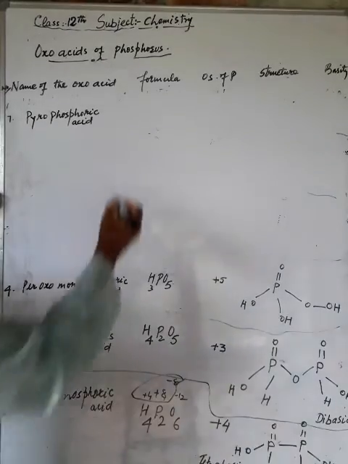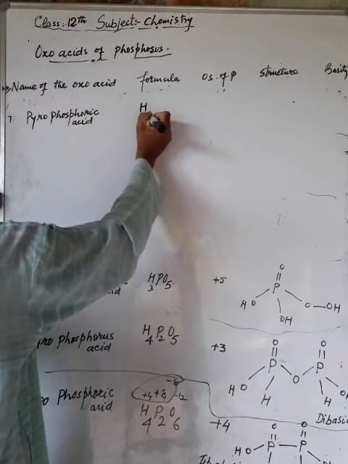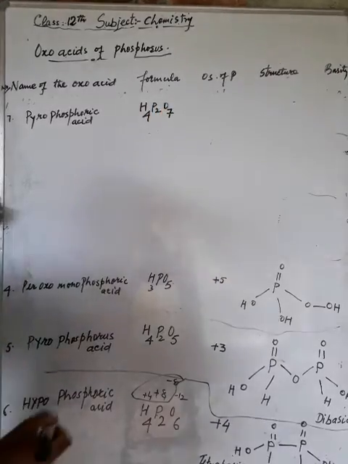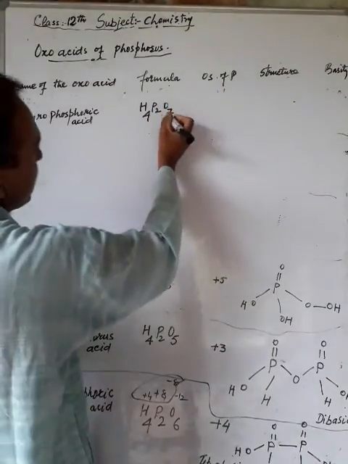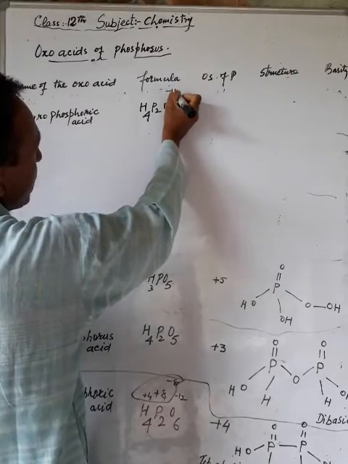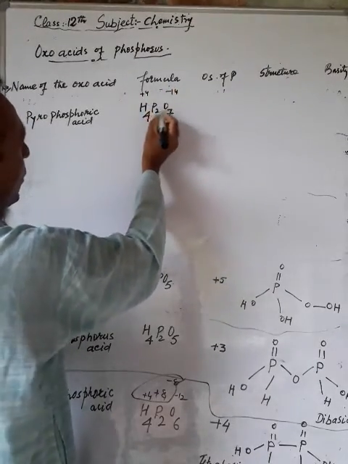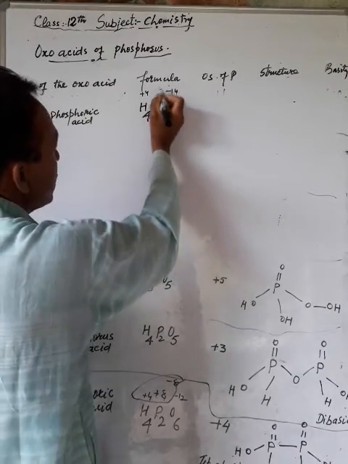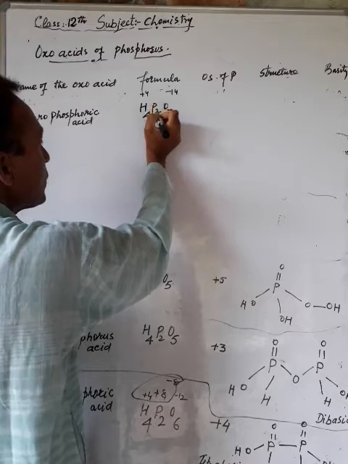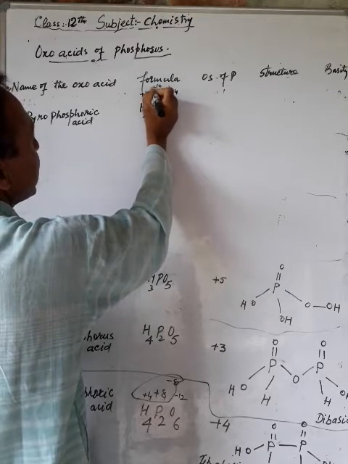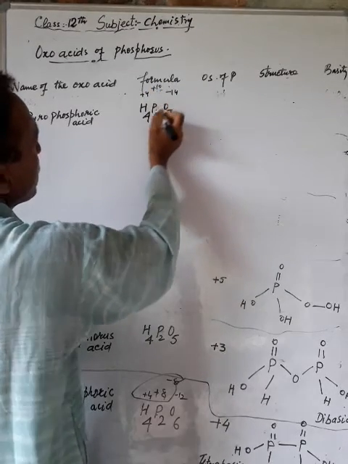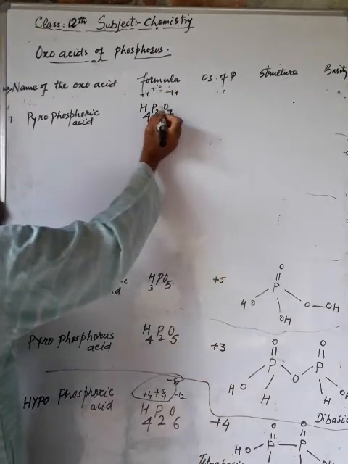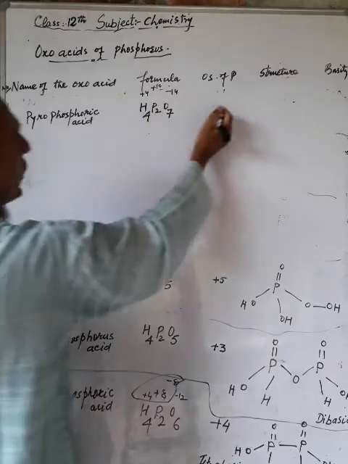Its formula is H4P2O7. Now the oxidation state of the phosphorus: 2 times 7 is 14, so -14, plus 4, so we get -10. So P2 must be +10 so that the compound becomes neutral. So the oxidation state of the phosphorus will be +10 divided by 2, that is +5.